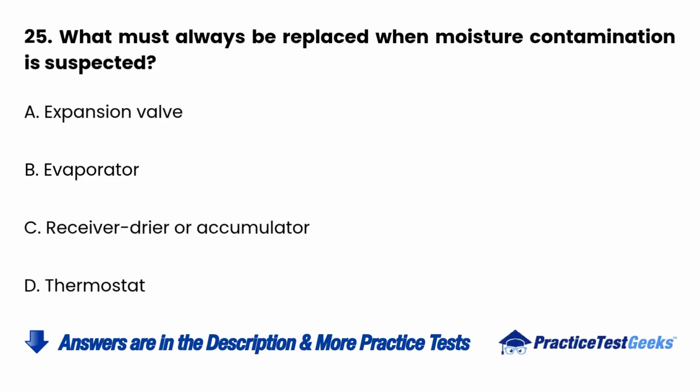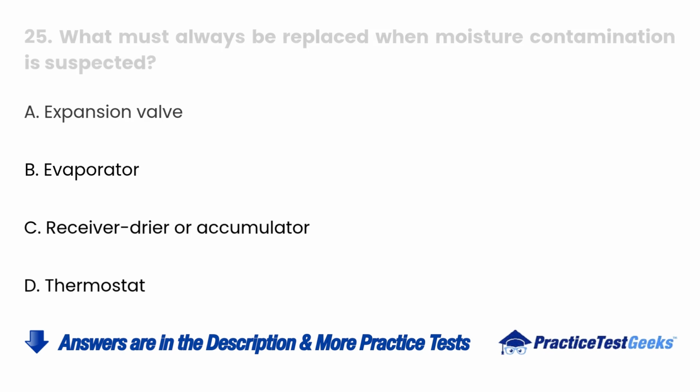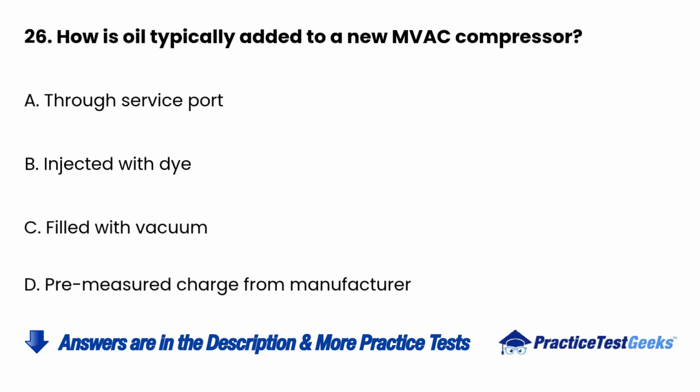25. What must always be replaced when moisture contamination is suspected? A. Expansion valve. B. Evaporator. C. Receiver dryer or accumulator. D. Thermostat. 26. How is oil typically added to a new MVAC compressor? A. Through service port.